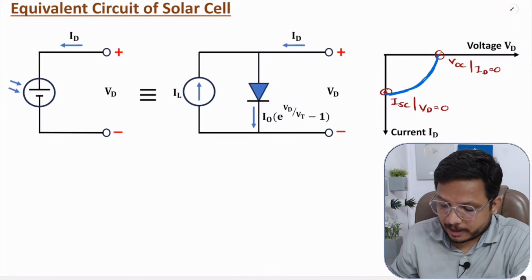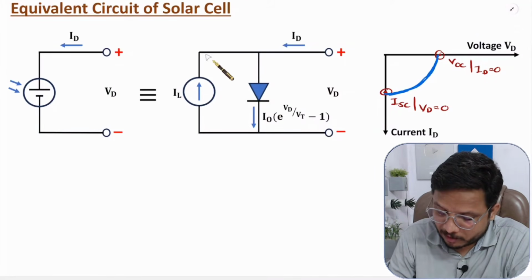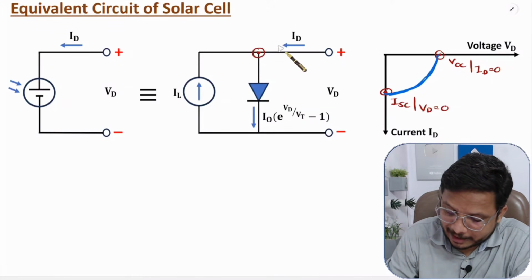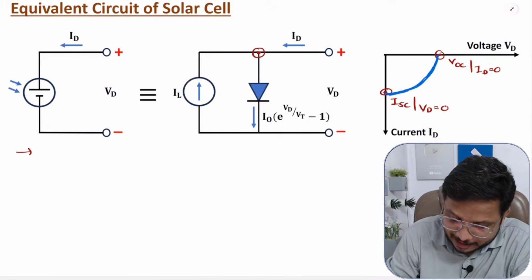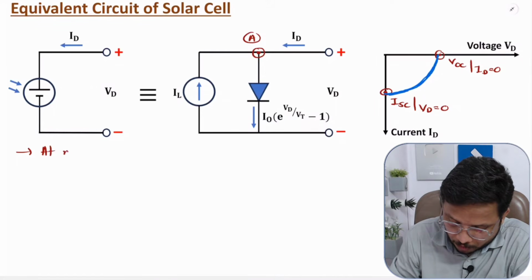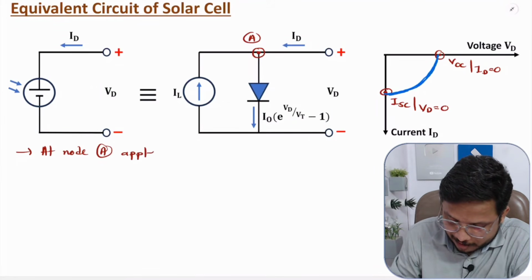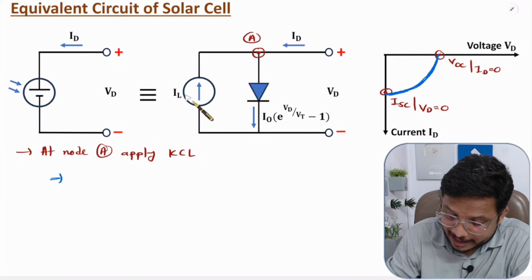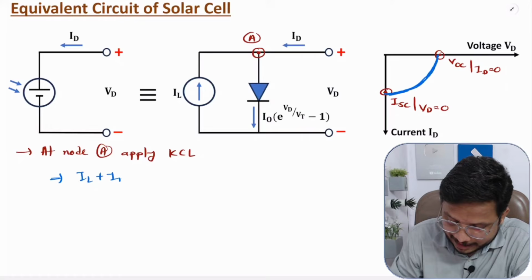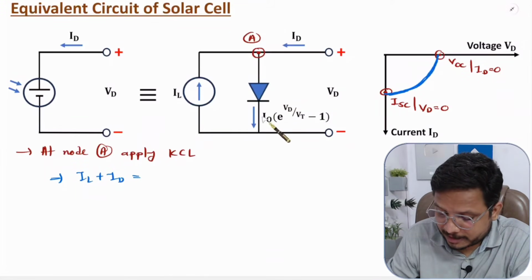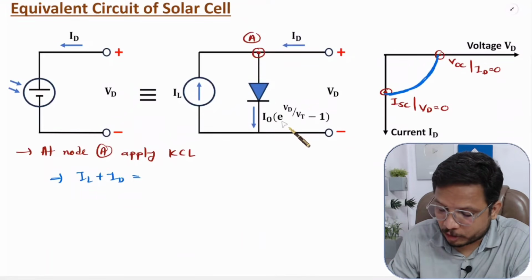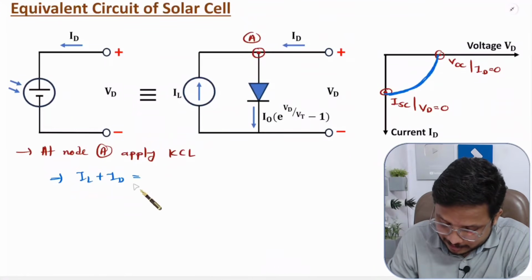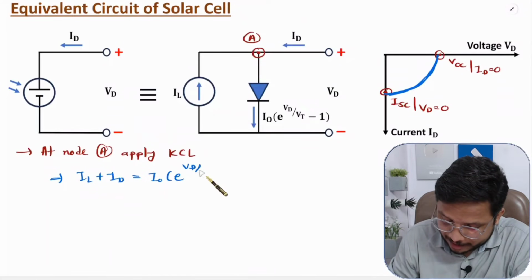So here, if you observe this equivalent circuit and apply Kirchhoff's current law at this node, let us say this is node A, then entering current is equal to leaving current. So entering current is IL plus ID, and the current passing through the diode, which you should know, is I naught into e to the power VD by VT minus 1.